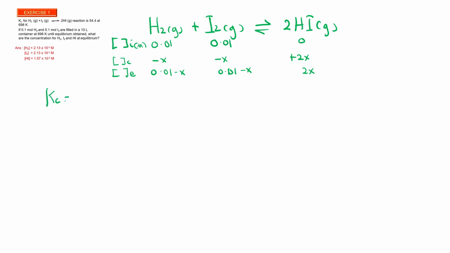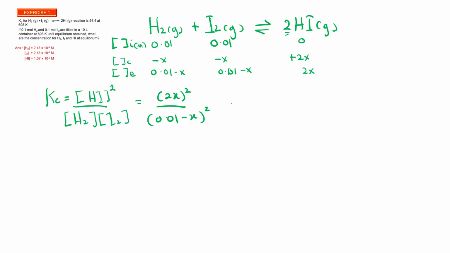The expression for Kc is equal to the concentration of hydrogen iodide over the concentration of hydrogen times the concentration of iodine. Hydrogen iodide has coefficient 2, so we raise it to the power of 2. HI is 2x, so we substitute (2x) squared over (0.01 minus x) squared, equal to Kc, which is 54.4.